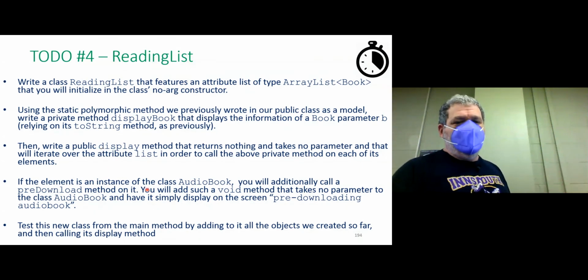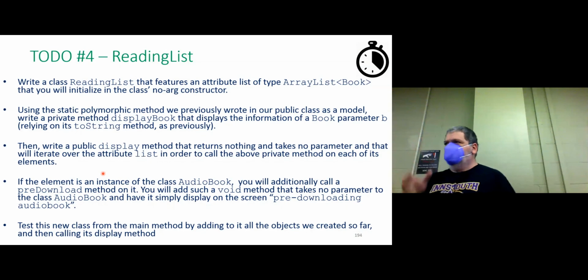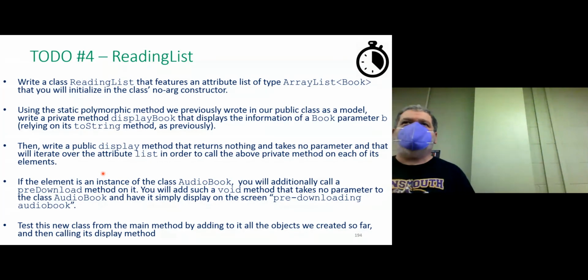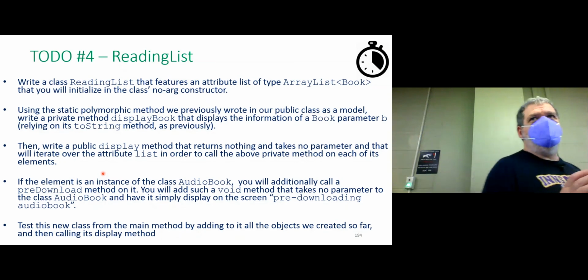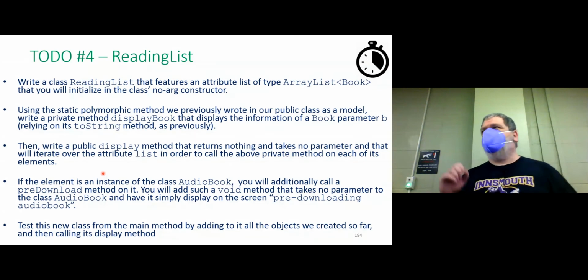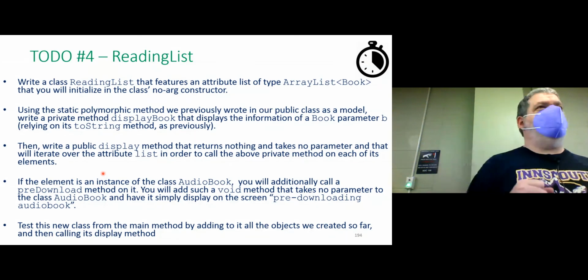Now here's a little extra. You're going to look at every element one after the other. If the element you're looking at is an instance of the class audiobook, then I want you to do something extra. So first, you're going to go to the class audiobook and add a method.